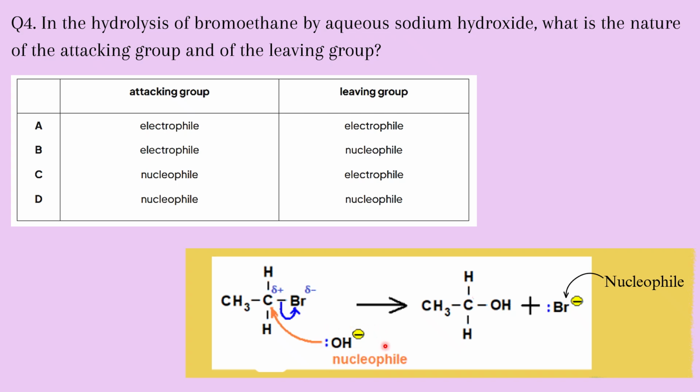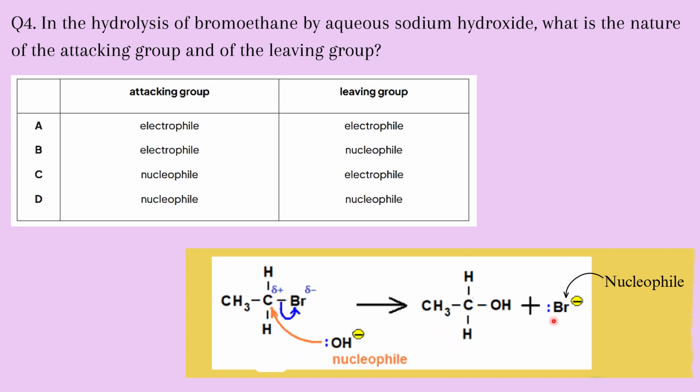So this OH minus will act as my nucleophile. It is going to attack this particular carbon atom, and this bond is going to break. So OH minus is my attacking group, and Br is my leaving group.